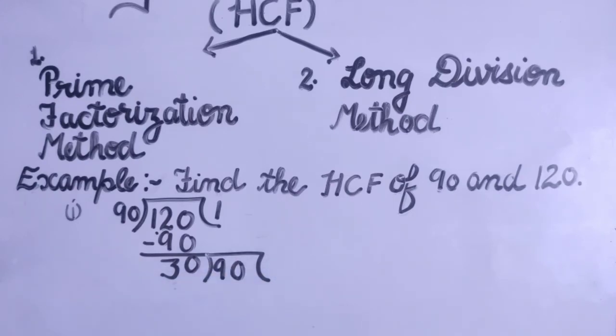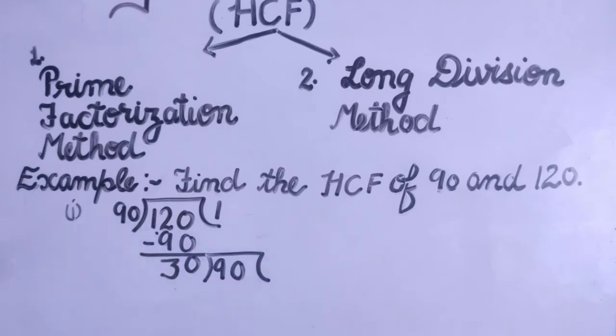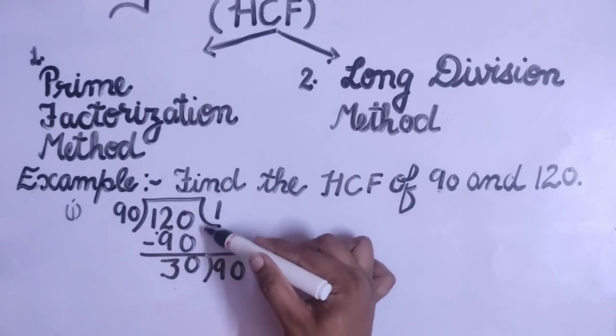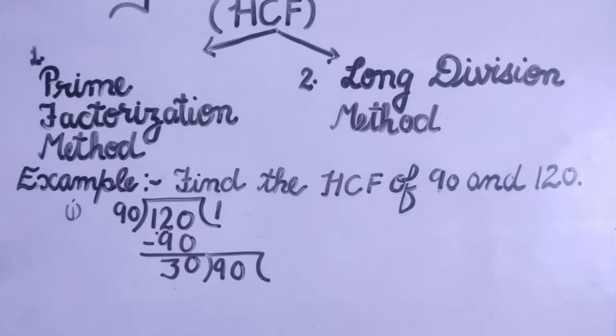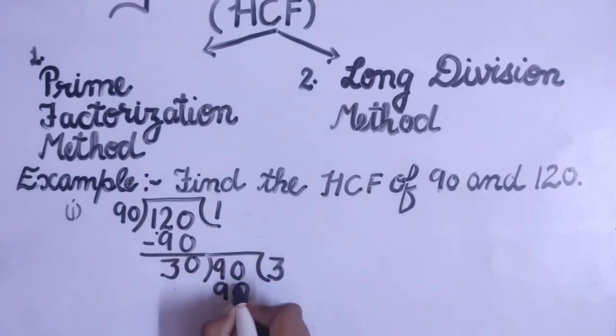Once again I am repeating, students, when we divide the larger number by the smaller number and some remainder has come and no digit is there to carry down, then the remainder which we have calculated will become the divisor and the divisor will become the dividend. Now try to divide it. When we divide 90 by 30, 3 3s are 90. So it will go 3.